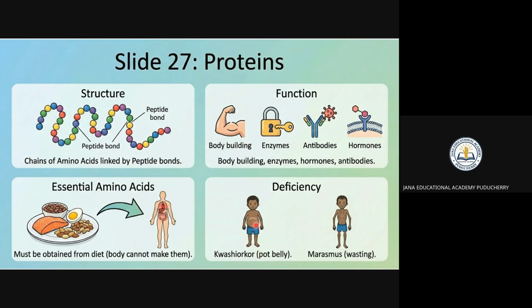You can see that is pot belly, where the belly is like a pot-like structure, or marasmus. Marasmus is nothing but wasting, like a skeleton-like structure, right? So these are the deficiency of protein, right? When protein is low, we have two different diseases: pot belly or wasting, that is marasmus or kwashiorkor, right?